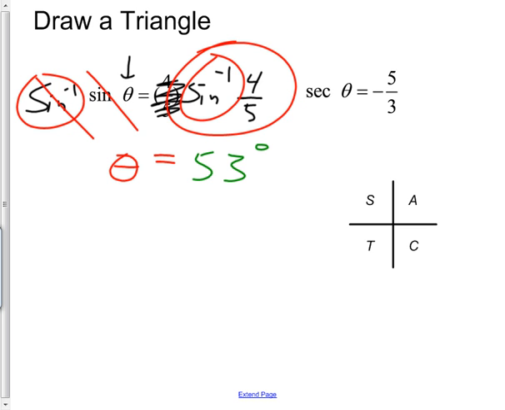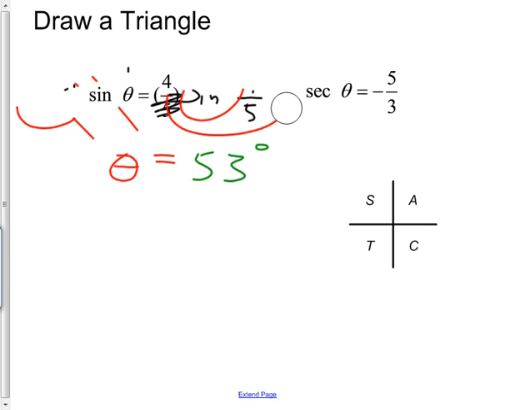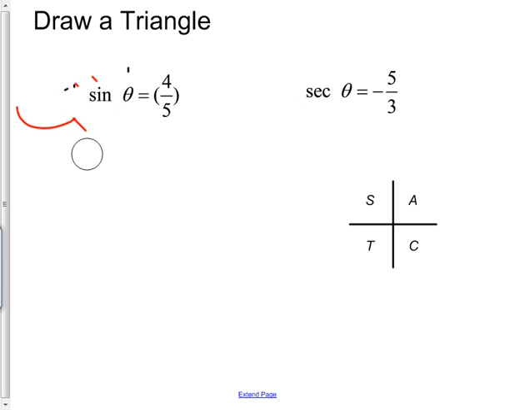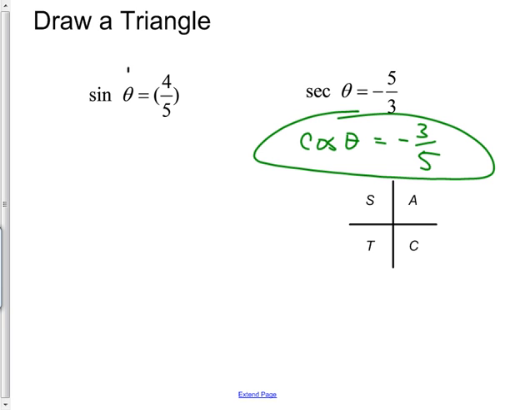Same idea here, except it's trickier because there's no inverse secant button on your calculator, is there? So you have to know what to do. You have to think, okay, well, since I can't do secant, I could change this problem into cosine and rewrite it as cosine of theta, and then I got to flip that, negative 3/5. Couldn't I do that on a calculator?